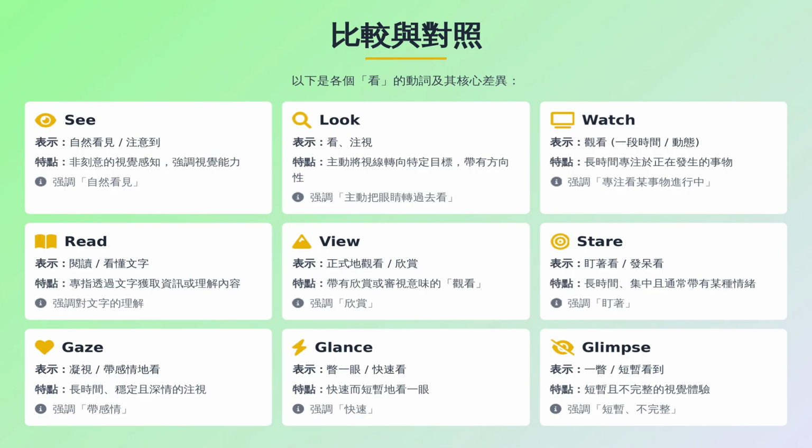Emphasizes the emotional aspect. Glance means to glance at something or to look quickly. Characteristics: a quick, fleeting glance. Emphasizes the quick aspect. Glimpse means to glance at something or to see it briefly. Characteristics: a brief, incomplete visual experience. Emphasizes the brief, incomplete aspect.